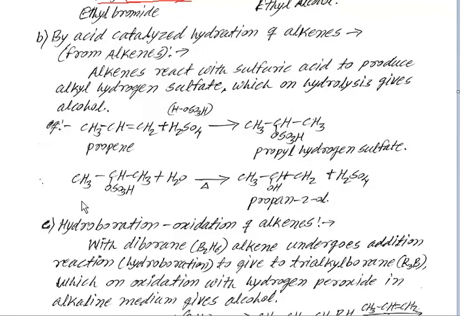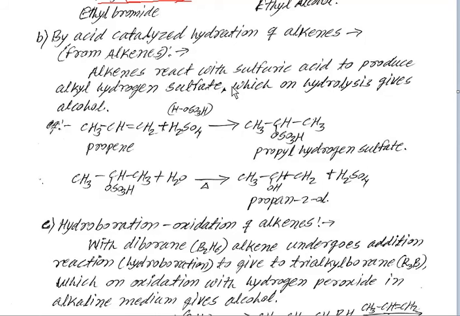The second method is by acid catalyzed hydration of alkenes. That reaction is already in the 11th textbook, but in this textbook that reaction is not given. See here, this is the preparation of alcohols from alkenes.